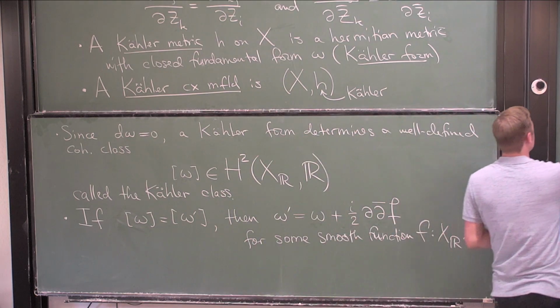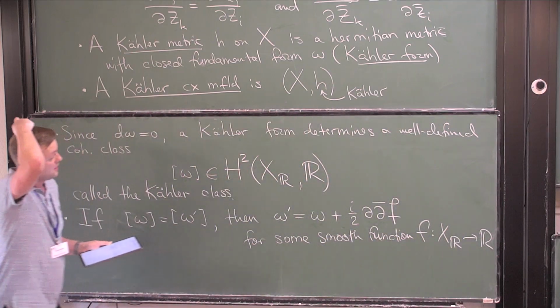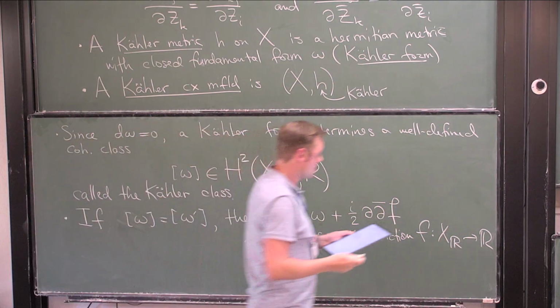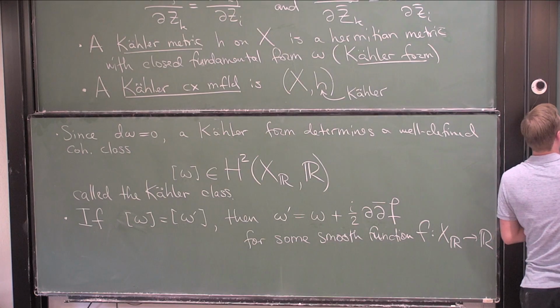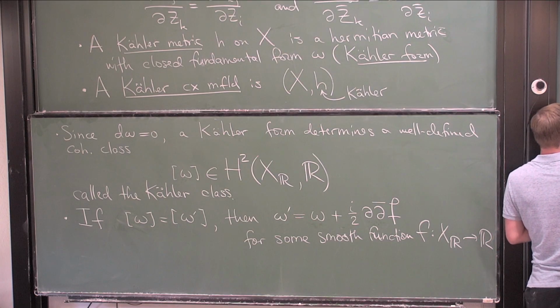All right, so now I finally gathered all the words that were present in the definition of the Calabi-Yau manifold that we started with at the very beginning of this mini course. So let me just restate it now. This is the definition that we were all aiming for.